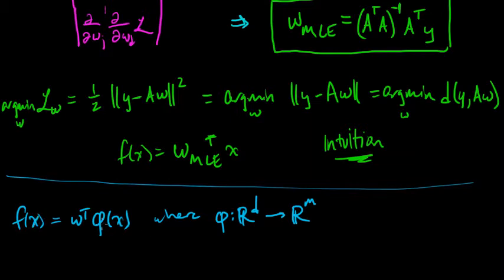We observed that by making a little change of variable, letting z equal phi of x, this is just W transpose z. And everything in the argument above goes through with z if you just replace all the x's by z's.